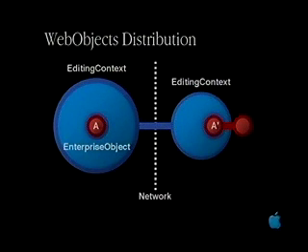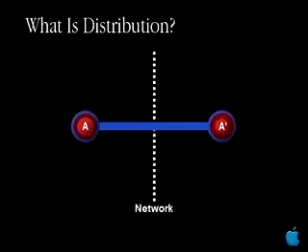It's actually another edition of the object on the client side. And as far as the client editing context is concerned, the editing context on the server, or more concretely, the distributed object store which connects it to that editing context, is just another object store. So the editing context behaves just as it would if this was a single unified process. Keep network overhead to a minimum.